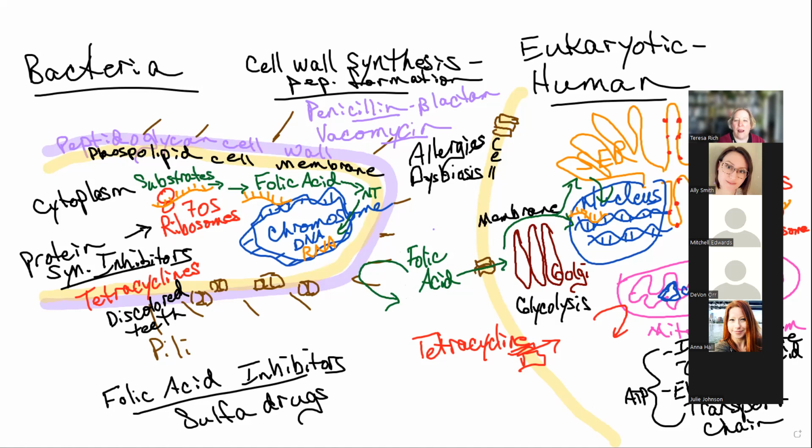So as far as specific antibiotics, I want you to know penicillins, penicillin and all the other cillins, part of the beta-lactam superfamily. They're cell wall synthesis inhibitors. They inhibit peptidoglycan synthesis.